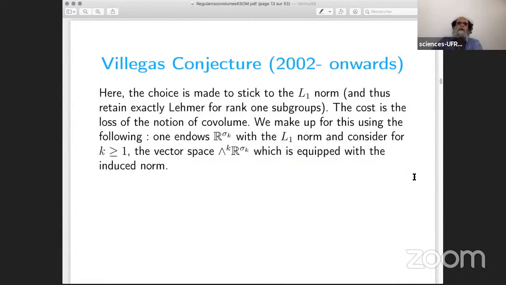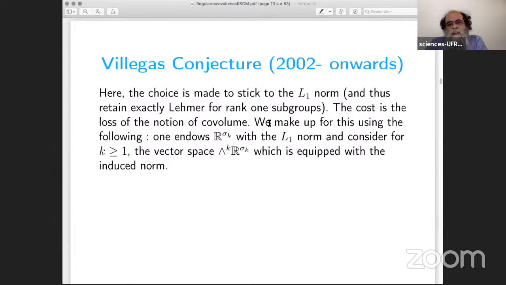So I describe now what Villegas has suggested. Villegas made the choice to stick to the L1 norm, but I don't think it's so significant. These statements can be compared, and anyway, that's the choice he made.